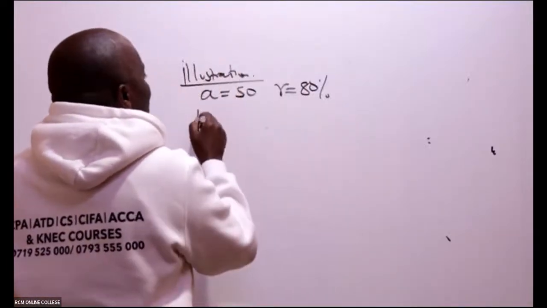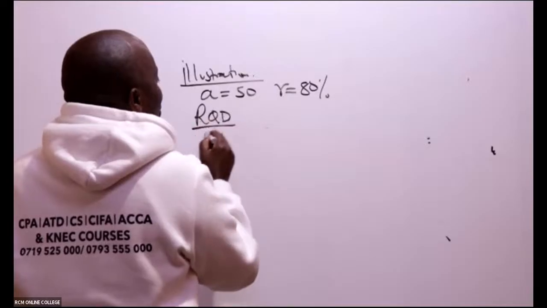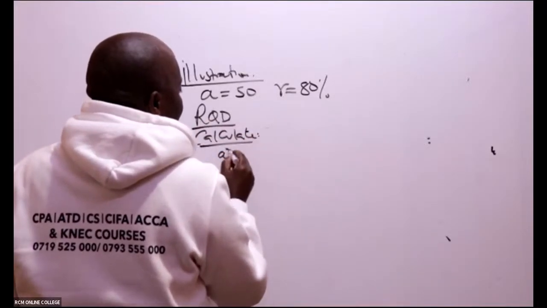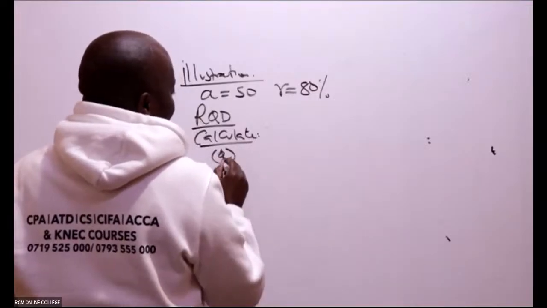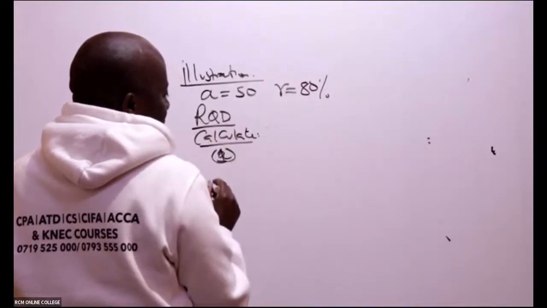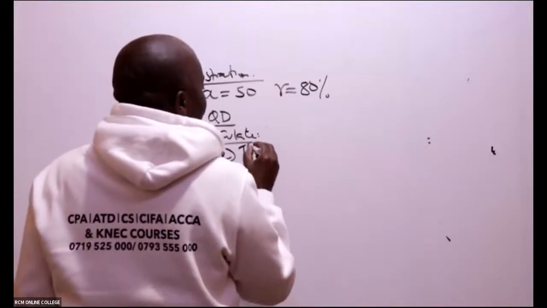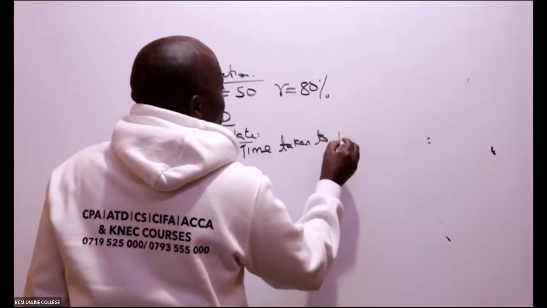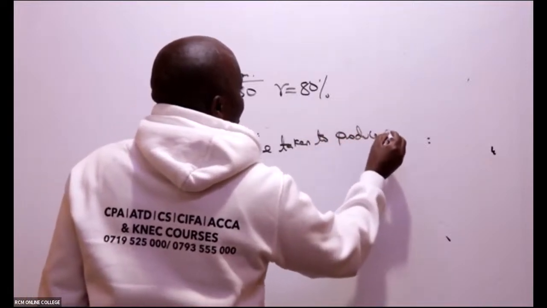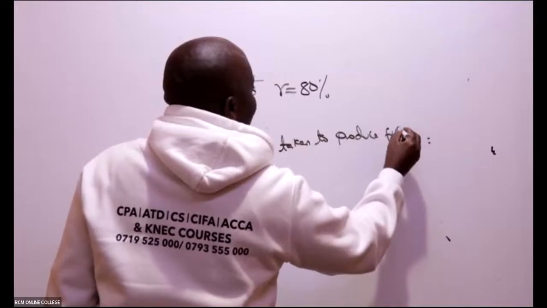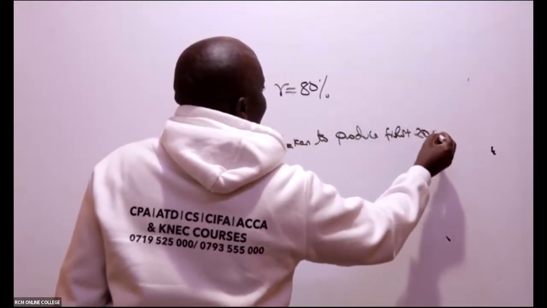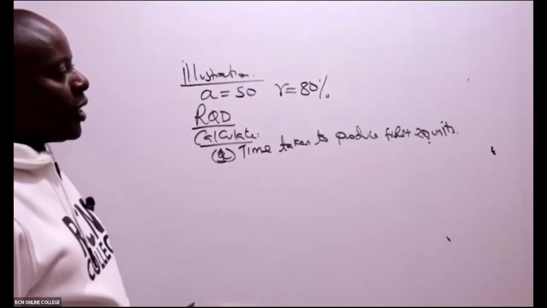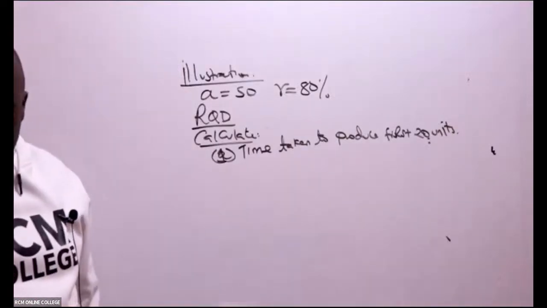And then we are required to calculate number 1, the time taken to produce the first 20 units.